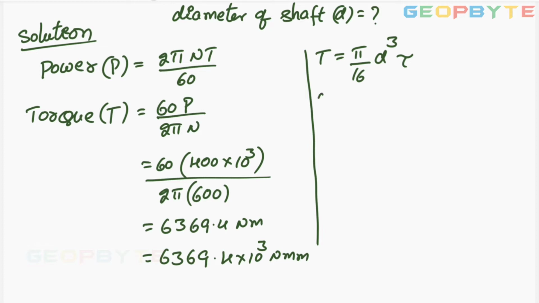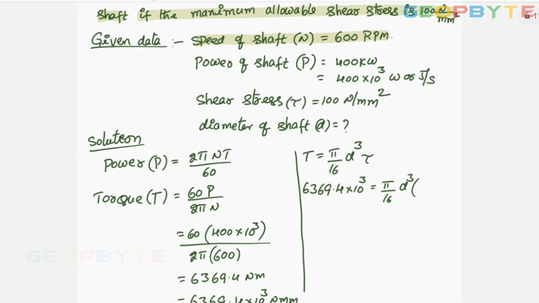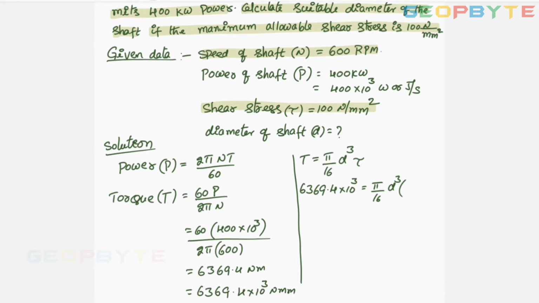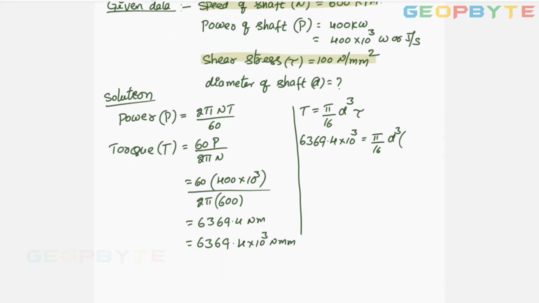Here T is 6369.4 into 10 raised to 3, equal to pi by 16 into d cube into shear stress. Look at the value: shear stress is 100 Newton per mm square. Simplify this value.